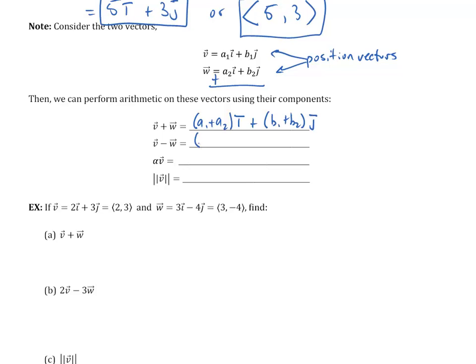If you were to subtract them, A1 minus A2 and B1 minus B2, times j.